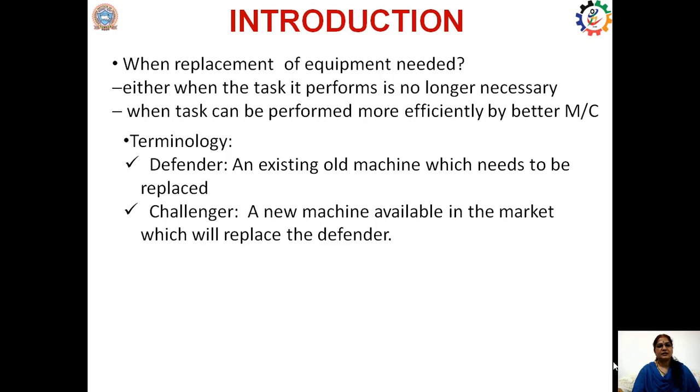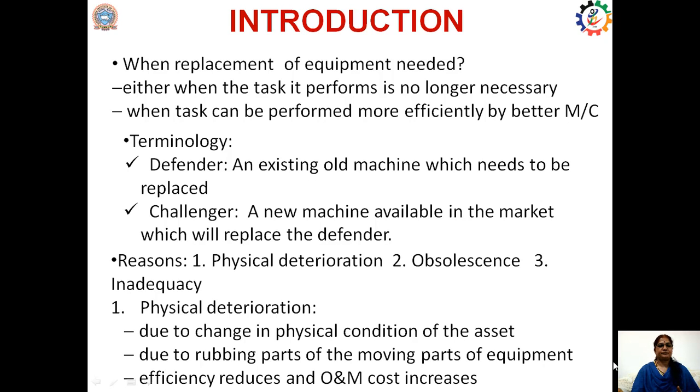What are they? Defender is an existing old machine which needs to be replaced. It is called defender because it needs to defend itself. Next is challenger, a new machine that is available in the market which will replace the defender. It challenges the defender and hence the name challenger.